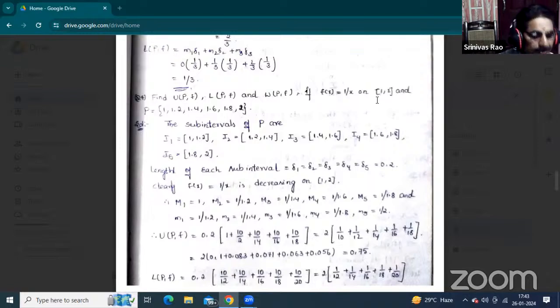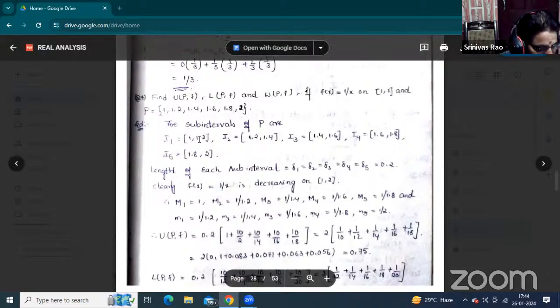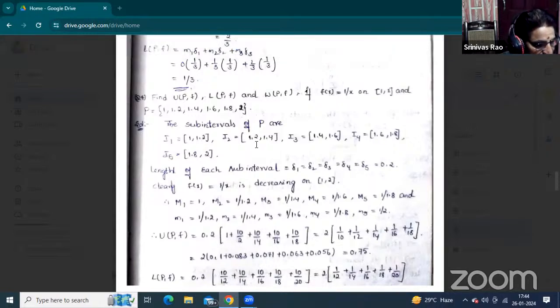We must write the subintervals. 1 plus 0.2 is 1.2. This is the first subinterval. The second subinterval is the continuation of the first: 1.2 and 1.4. The difference between them is 0.2, that is the length of the subinterval. The second subinterval is I2, and its length is del 2.